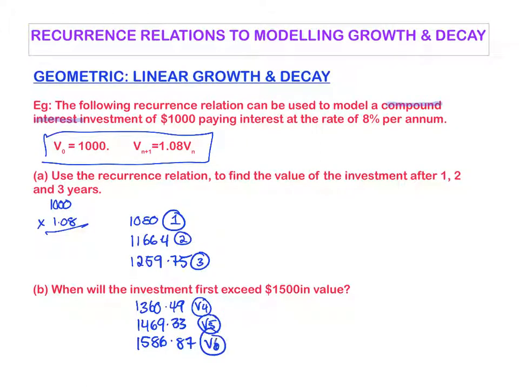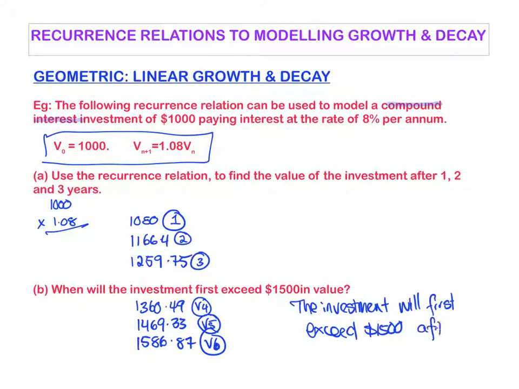So it's on the 6th term, or the 6 years. So the investment will first exceed 1,500 after 6 years. So we're somewhere in the 6 years.